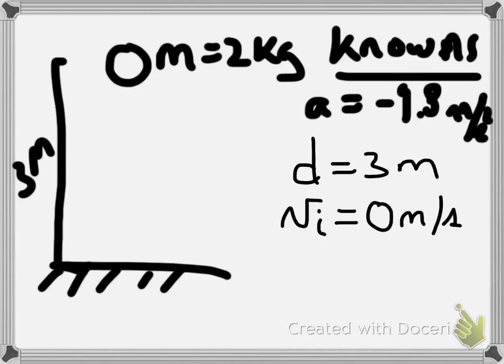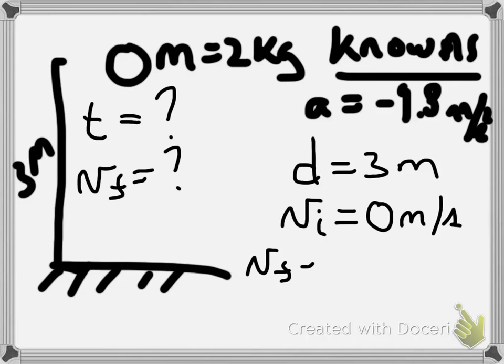Now, from this information, they might ask you things like, how long does it take? What's the time to hit the ground? Maybe how fast is it going just before it hits the ground? If we look at our kinematics equations, we have Vf equals Vi plus At.